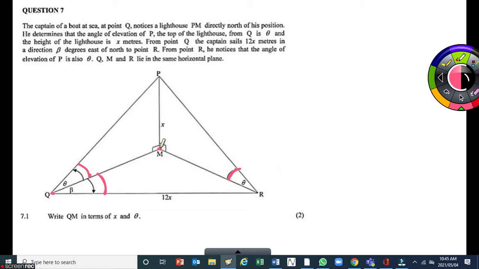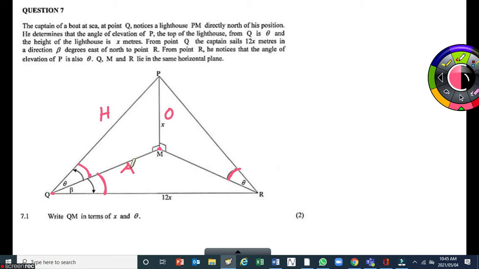Fortunately, the length of PM is x and the angle PQM is theta. With reference to angle theta, PM is the opposite side, that's your hypotenuse, and QM is the adjacent side. Since we don't have the length of the hypotenuse yet, you can't use sine or cos. You have to use tan.